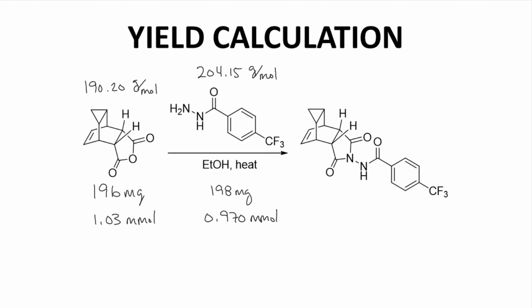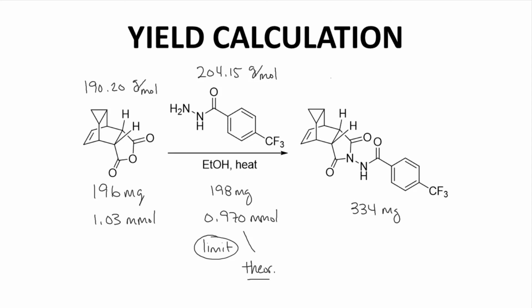Since these reagents react in a 1-to-1 ratio, we will run out of the hydrazide first, and the hydrazide is the limiting reagent. Therefore, 0.970 millimoles is our theoretical yield. What did we obtain from the reaction? We obtained 334 milligrams.